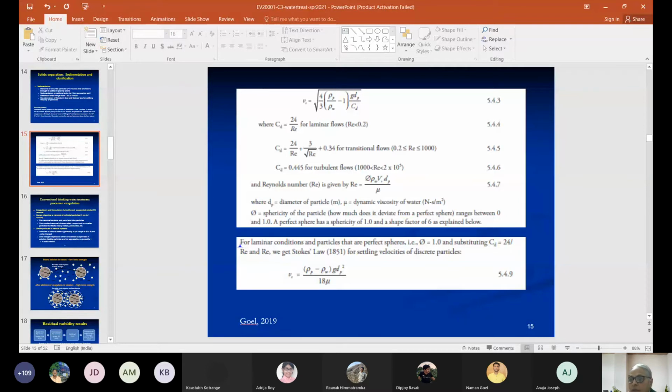One micron, 10 microns, you should have gotten it right. I'll tell you my Reynolds value for 10 microns. For 10 microns, my Reynolds number is 8.95 times 10 to the minus 4. It's a laminar flow regime, so the settling velocity is 8.98 times 10 to the minus 5 meters per second.